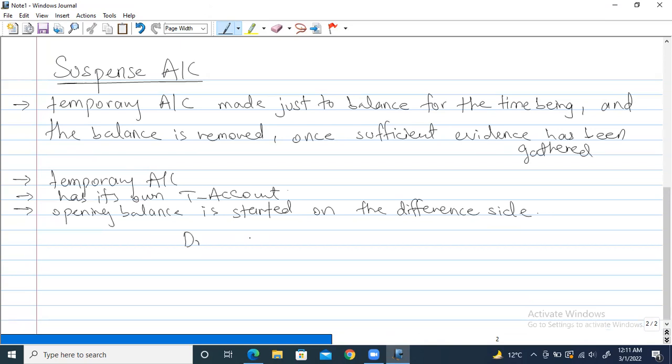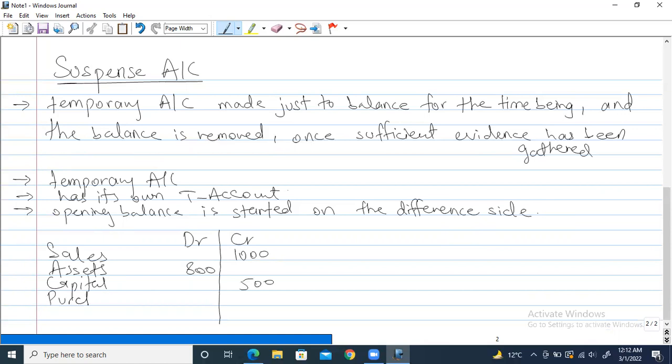This is the debit side, this is the credit side, and let's say these are sales. What does it mean, opening balance is started on? I'll explain that in just 1 second. So these are sales. Then let's say the total assets are 800, and capital, let's say 500.